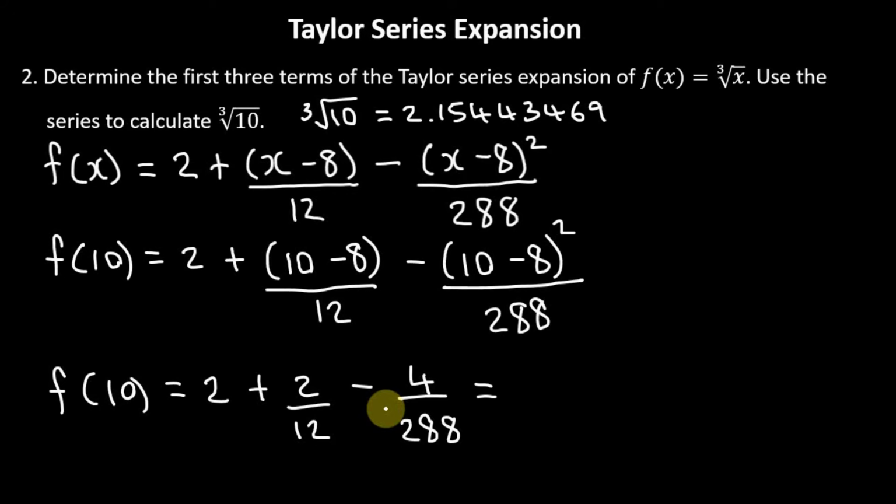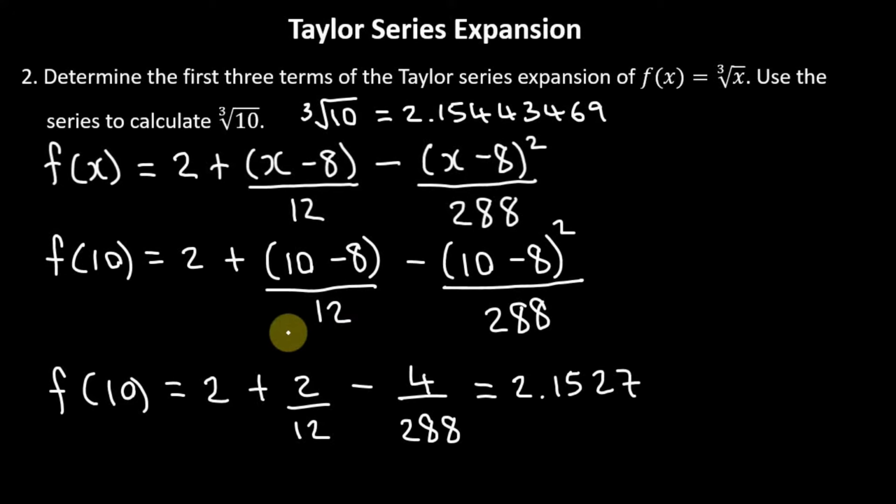You can simplify it if you wish to, but of course you can use a calculator to do the work for you, and we can see how close our result will be toward the actual value of the cube root of 10. And the value that I get, guys, when I plug this into my calculator, is 2.1527, which again is pretty close to the actual value. So as you can see here, guys, the Taylor series is pretty cool and it works pretty well.